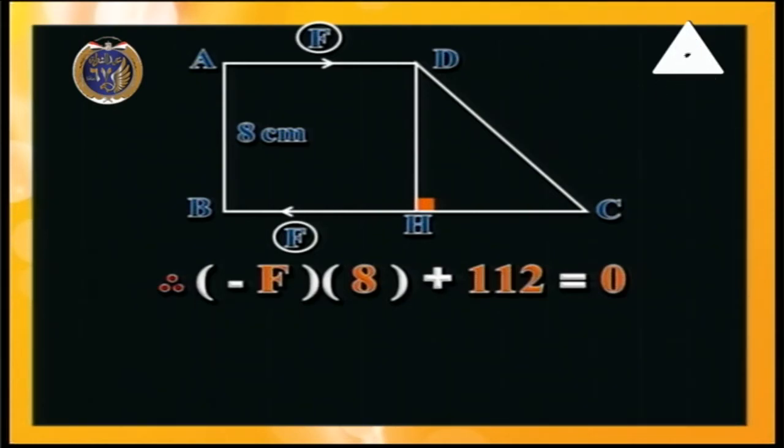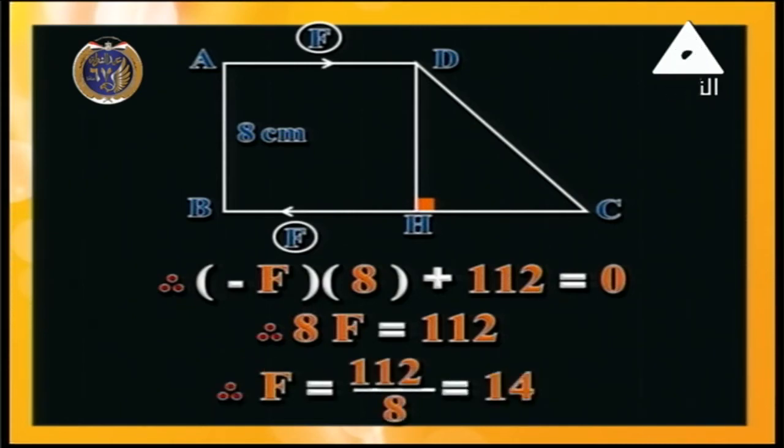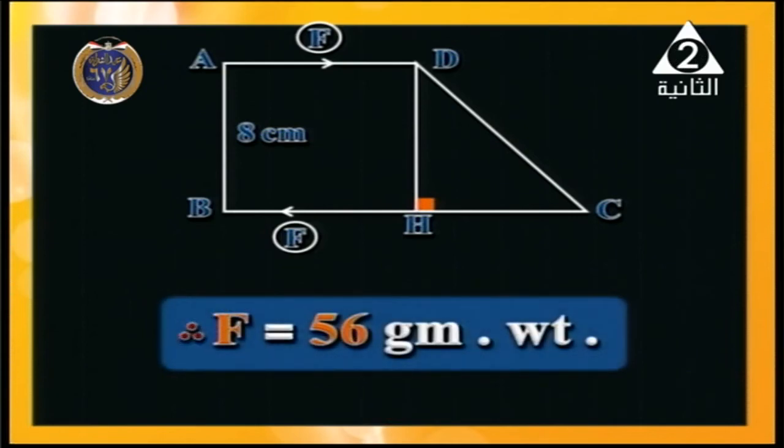Therefore, negative F times 8 plus 112 equals 0. Therefore, F times 8 equals 112. Find the value of F. 112 over 8 equals 14, the value of the force F. Therefore, F equals 56 gram weight.